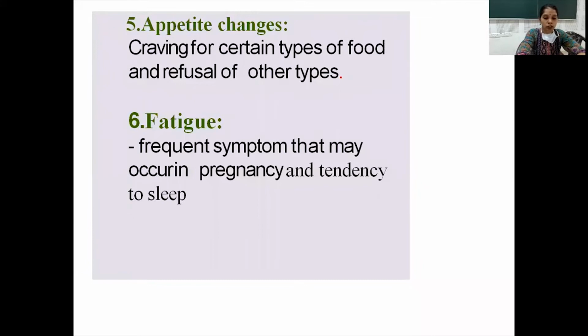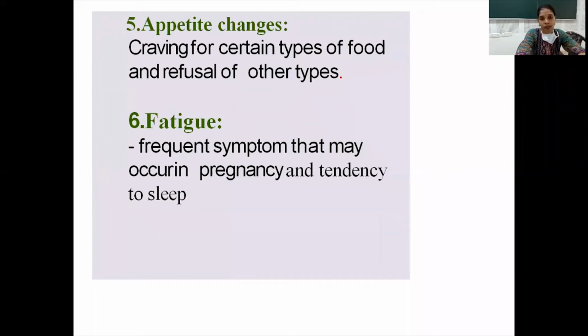And one more thing they complain about in pregnancy is appetite changes: craving for certain types of foods, and refusal of other types of food that they regularly like.